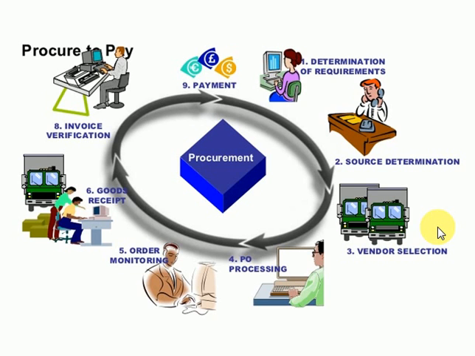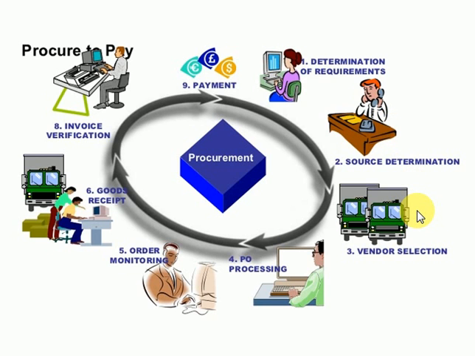But if it is a high value and unique product, then the buyer will send a quotation request to the vendors, and the vendors will send a quotation. If the buyer feels one vendor is suitable for this product, he will come in close contact with him.